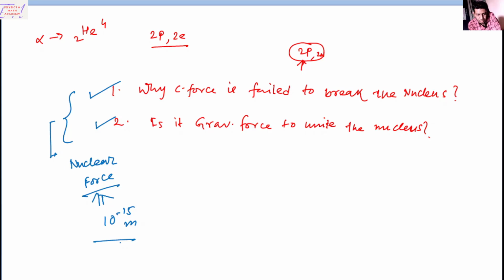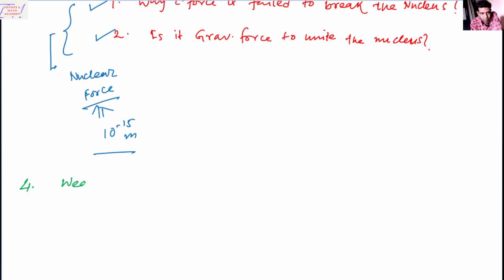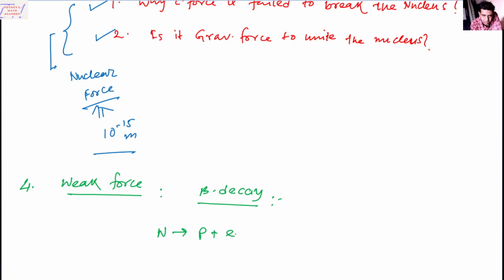And number 4 is weak force, that is beta decay in a radioactive nucleus. Here you can consider that a neutron converts to a proton with an electron and antineutrino. It is beta minus decay.